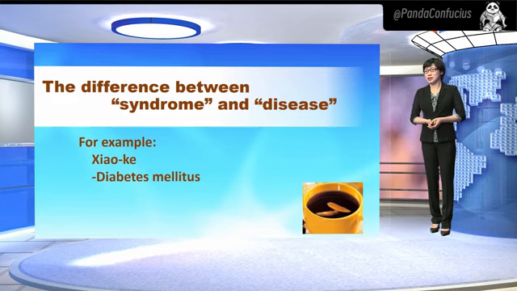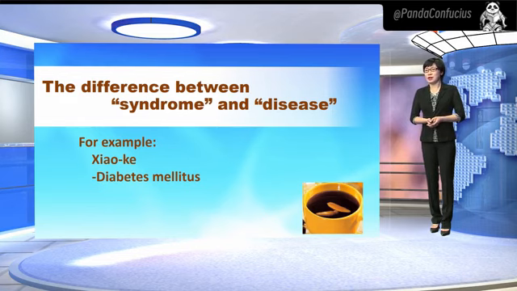In traditional Chinese medicine, the syndrome of Xiaoke is classified into different patterns: the dryness heat of the lungs and the stomach, deficiency of the spleen and the stomach, insufficiency of the liver and the kidneys. In TCM, many syndrome patterns can be found in the same disease. Many different diseases can show the same syndrome pattern.